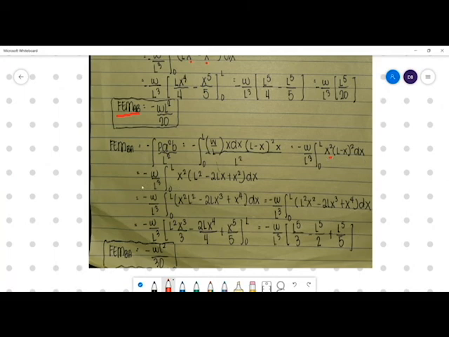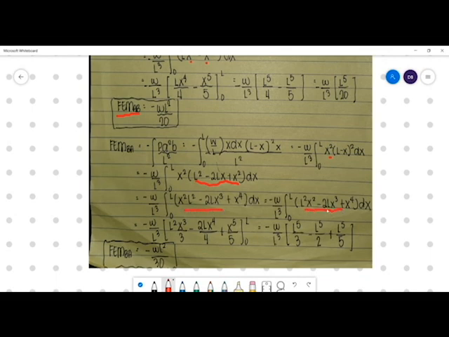Simplify that: this will become negative W over L cubed times the integral of X times L squared minus 2LX plus X squared. We just expand this one, then we multiply all by X. That will result in this one.